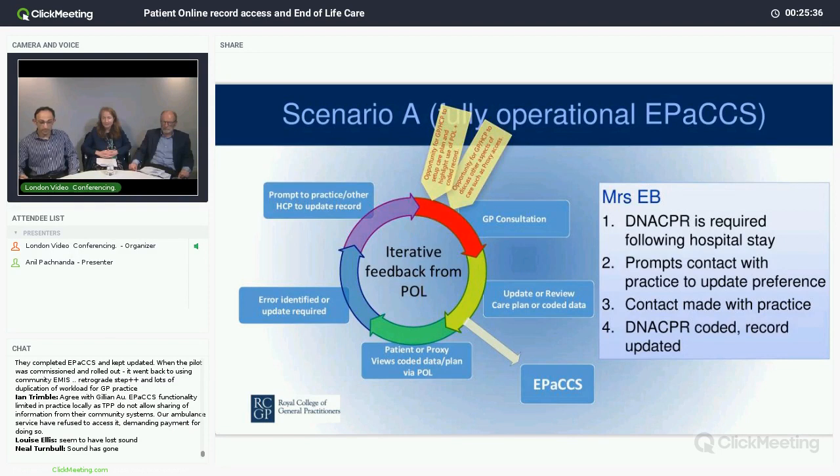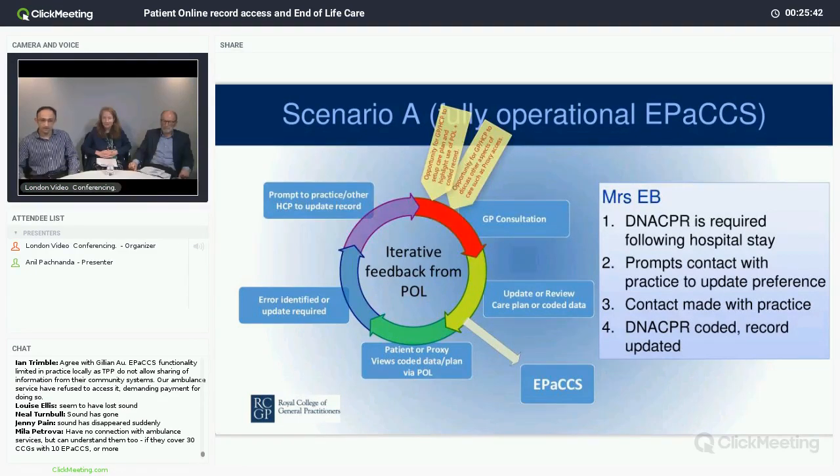She can make contact with her practice, either through traditional means, or she can even use some of the transactional patient online services. She's noted that there's an error, and that can feed back into the GP practice, whether that's through a face-to-face consultation or somebody in the practice able to update that coding to enable the record to be corrected. And throughout this, the patient is aware of what's on her record, and their carer.